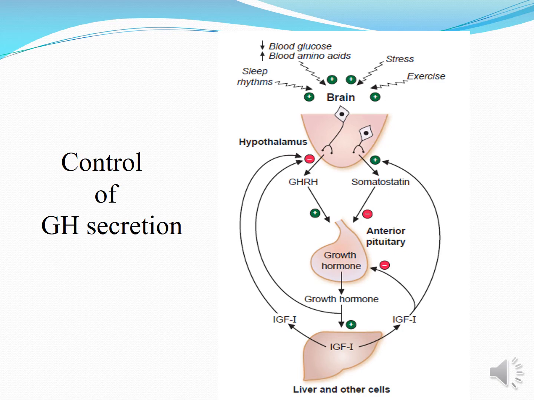Growth hormone, when it acts on the liver, causes production of IGF-1, insulin-like growth factor 1, and the concentration of IGF-1 causes an inhibitory effect on growth hormone production from the anterior pituitary, and it also acts on the hypothalamus to inhibit the production of growth hormone releasing hormone.